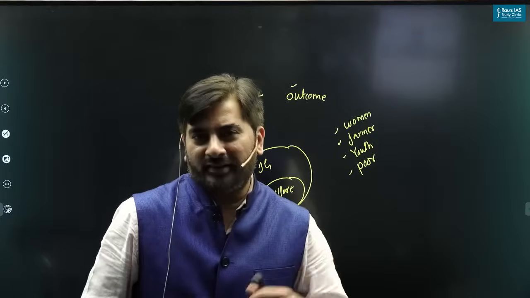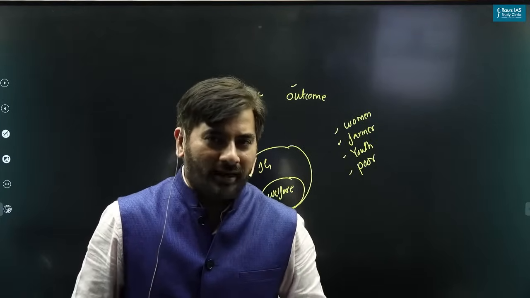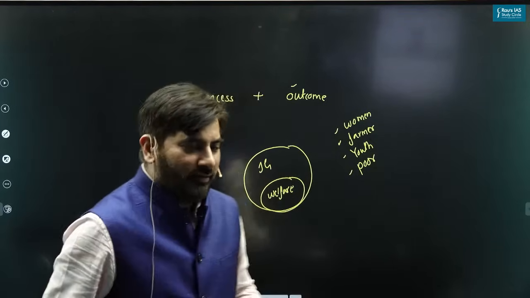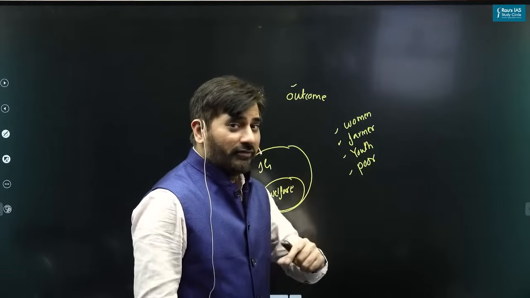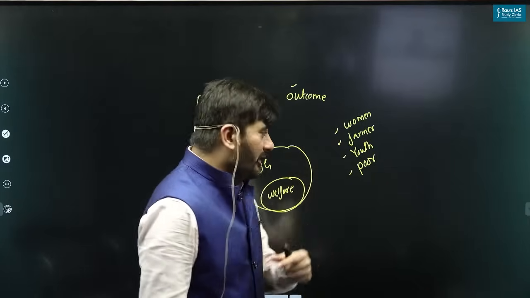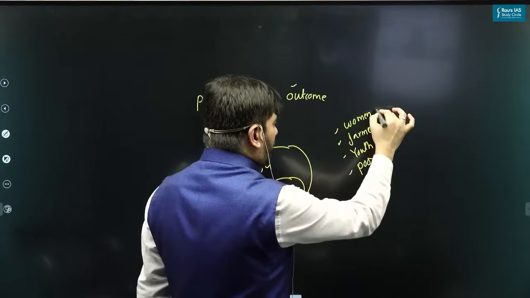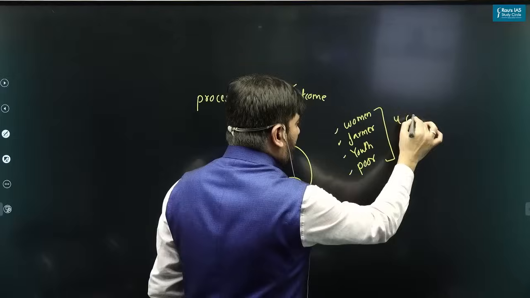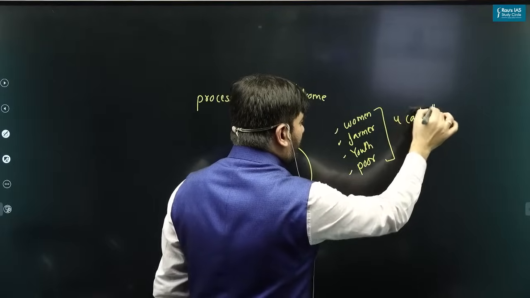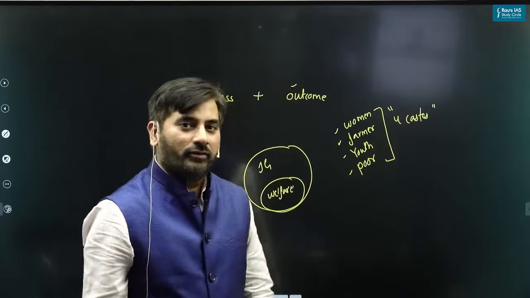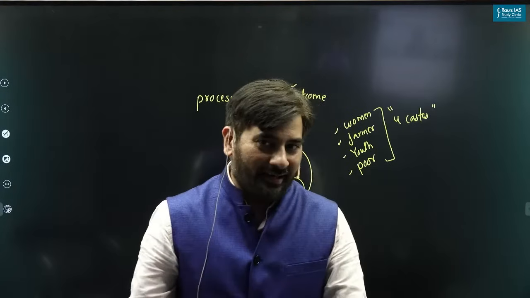Now, these 4 examples which I have given are not random examples, you must understand, because in the interim budget, the finance minister has said that women, farmer, youth, and poor will be considered as 4 castes. That's what the finance minister has declared.